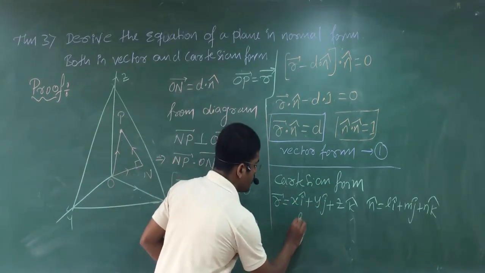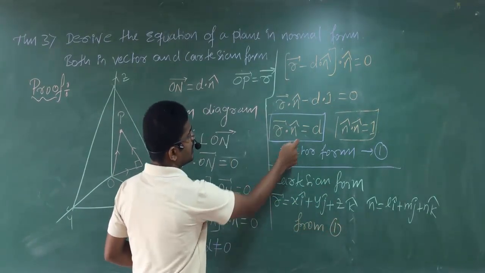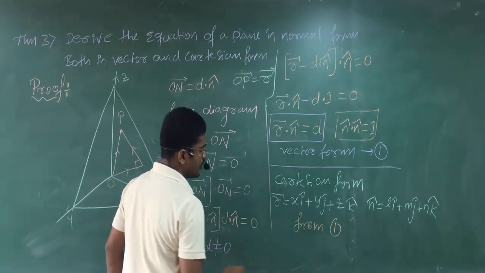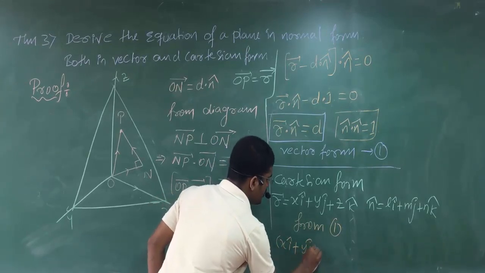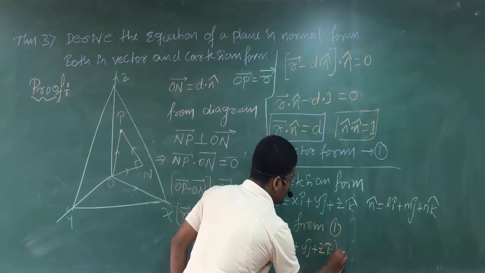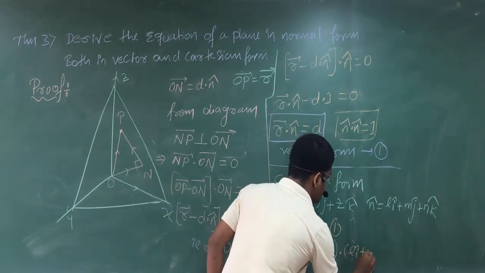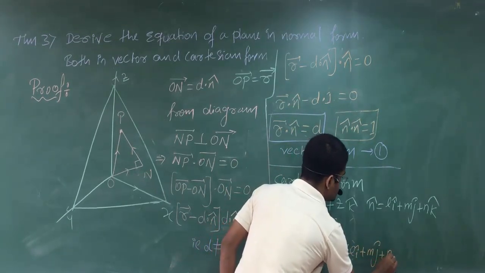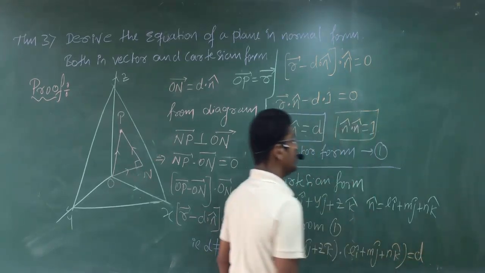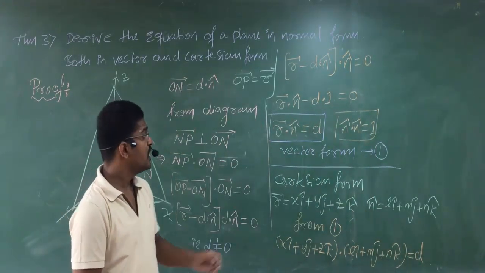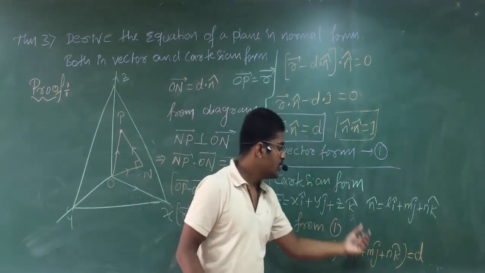From equation 1, that is r dot n cap, that is xi cap plus yj cap plus zk cap dot with li cap plus mj cap plus nk cap equal to d, that is the magnitude. Clear? In the place of r you write this, in the place of n you write this.